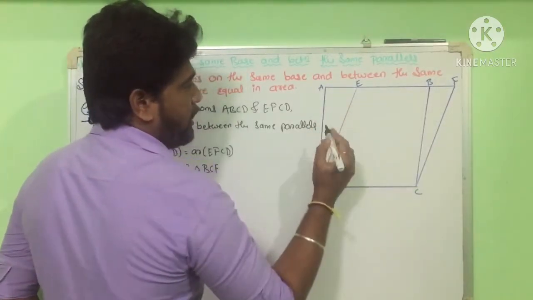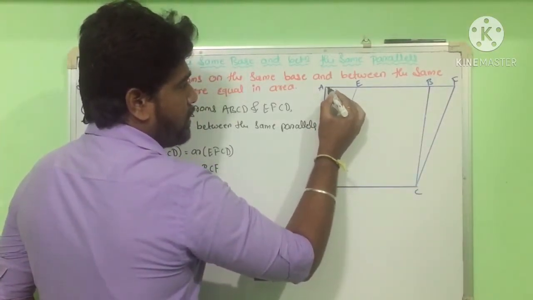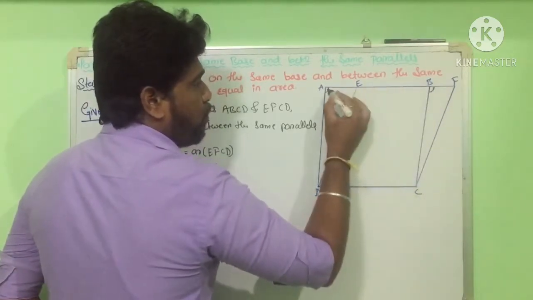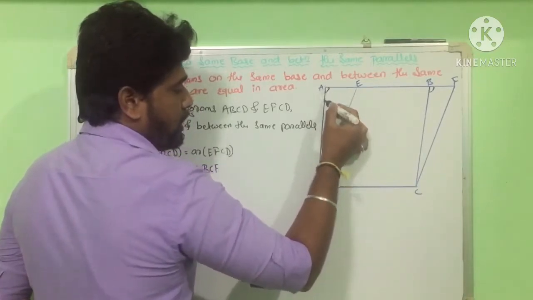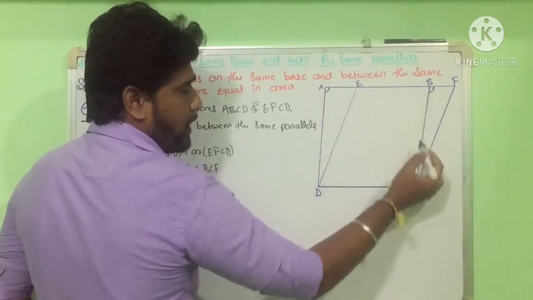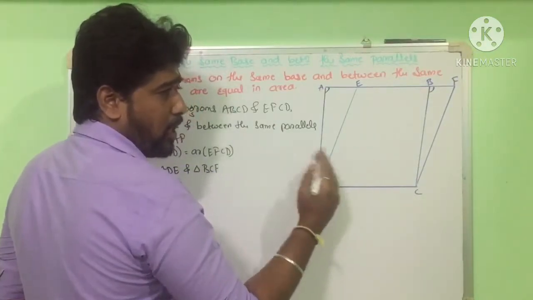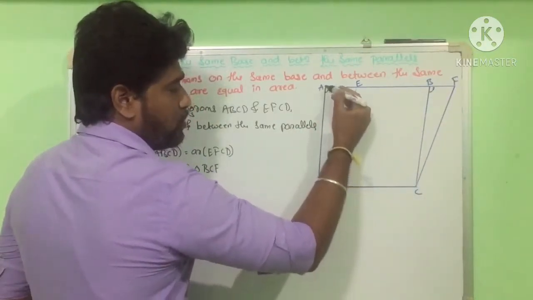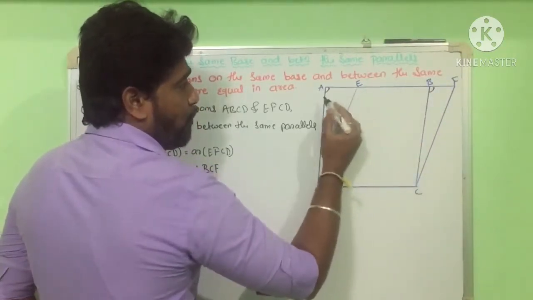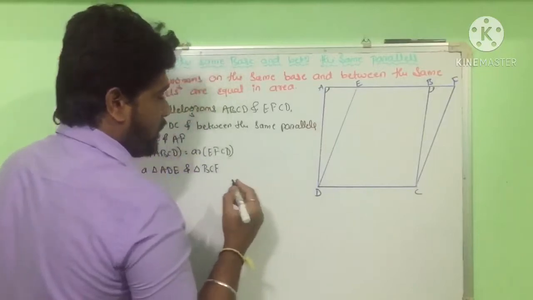In these two triangles, these two angles are equal corresponding angles because AD is parallel to BC, because ABCD is a parallelogram. In a parallelogram, opposite sides are parallel. So AD is parallel to BC. These two parallel means these two angles are equal, right?